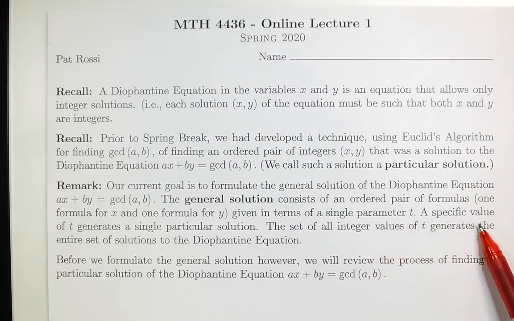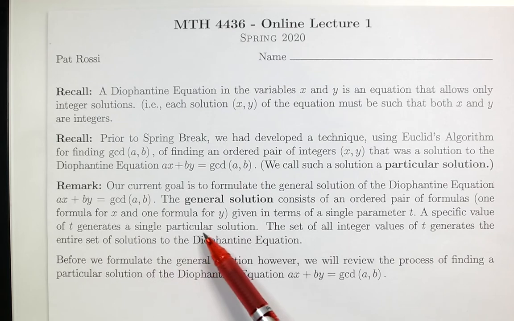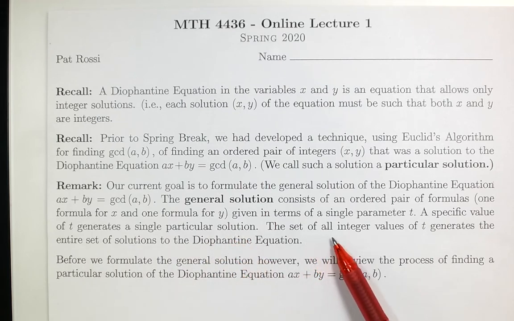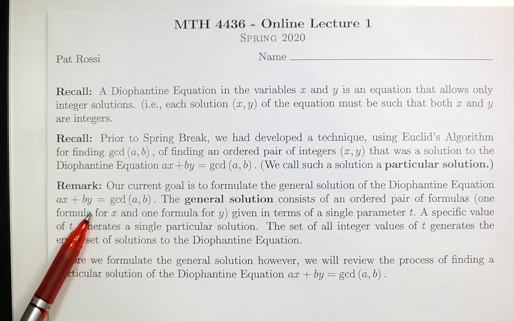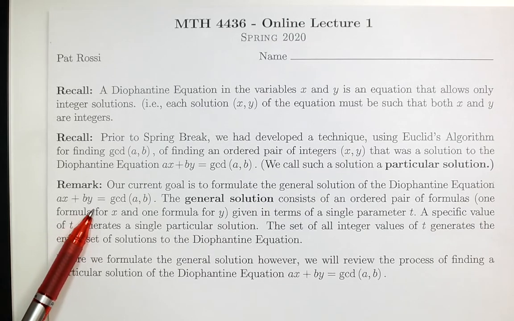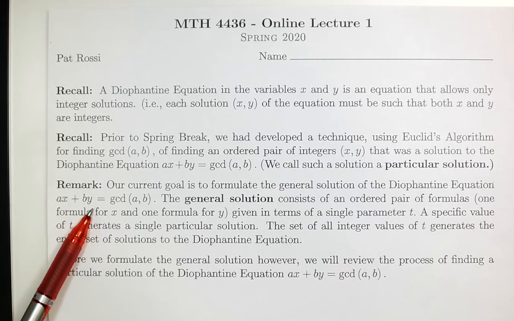A specific value of t generates a single particular solution. The set of all integer values of t generates the entire set of solutions to the Diophantine equation. So essentially, the general solution to this Diophantine equation is the set of all solutions to that Diophantine equation.